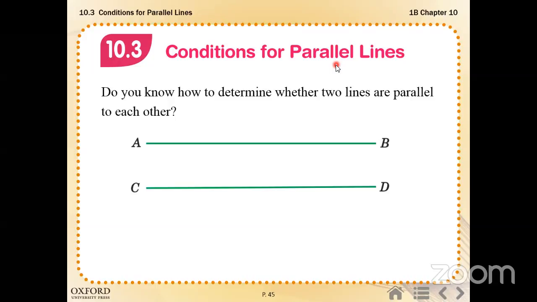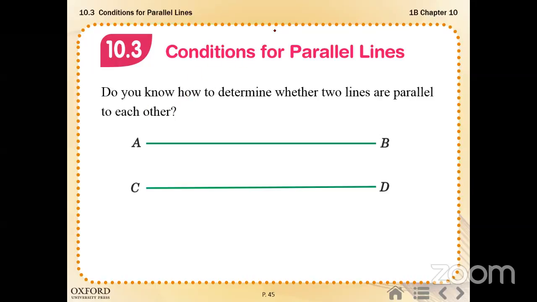Therefore we will look at something called conditions. What is required, or what we have to know, to tell whether the lines are parallel. Those are the conditions.